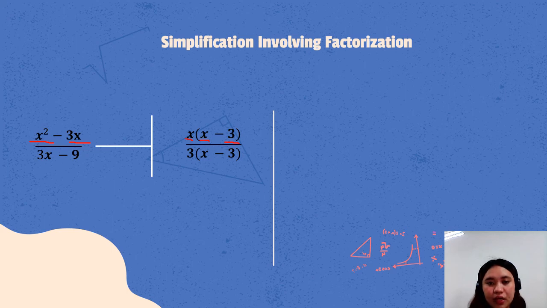Next, the denominator: the common factor of 3x and 9 is 3. So we have 3, and 3x divided by 3 is x. Next, 9 divided by 3 is 3.